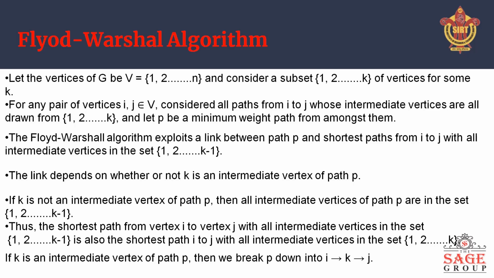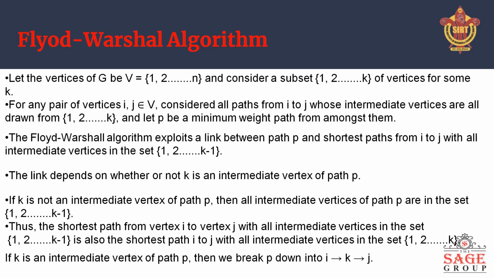If k is not an intermediate vertex of path P, then all intermediate vertices of path P are in the set 1 to k minus 1. This means we have used vertices up to the previous one for this solution. Thus, the shortest path from vertex i to vertex j with all intermediate vertices in the set 1 to k minus 1 is also the shortest path from i to j with all intermediate vertices in 1 to k.